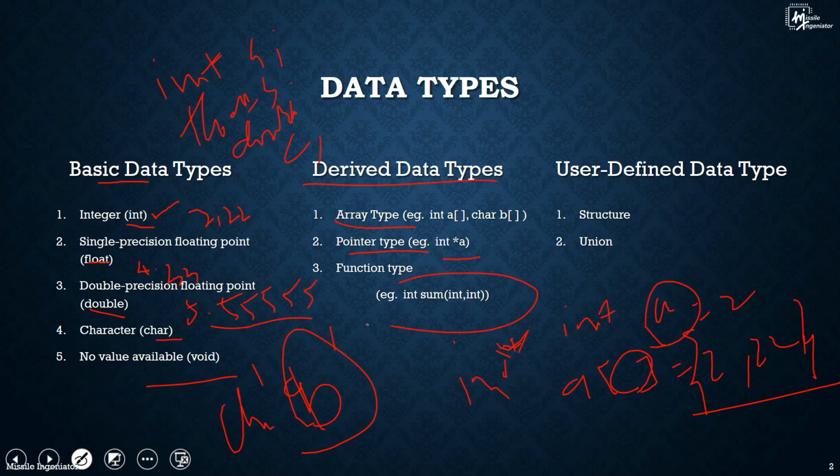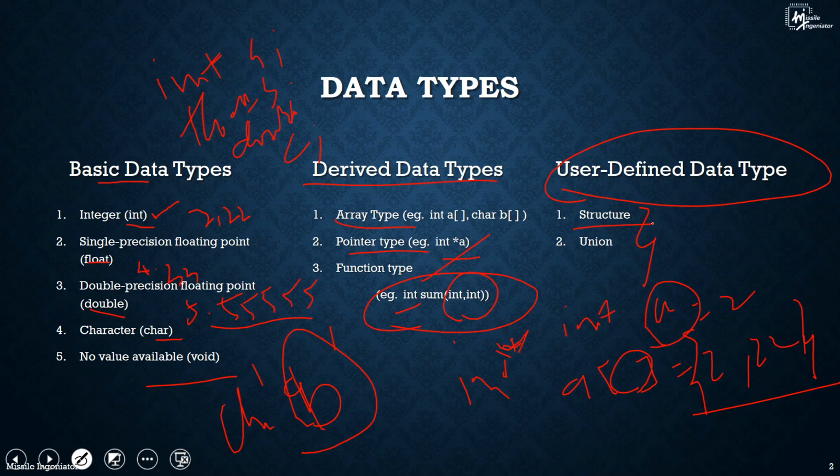And function: in a function you can declare with any data type like integer or void. You can also pass any argument value with data types such as integer. This is how a function type is there. And the user-defined data types are structure and union. The structure allocates different memory.